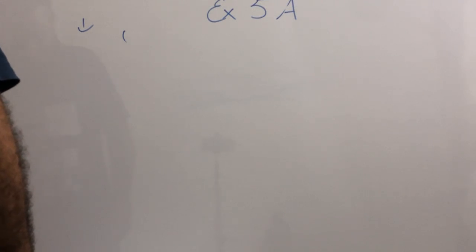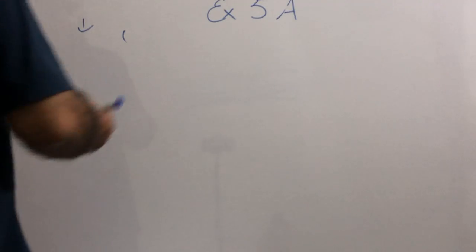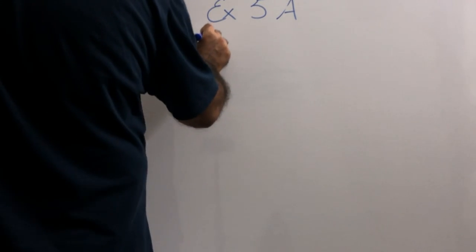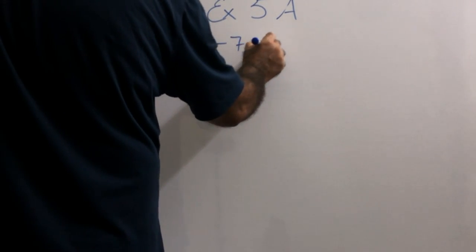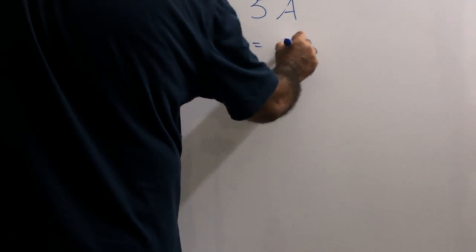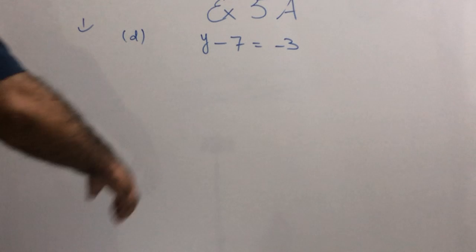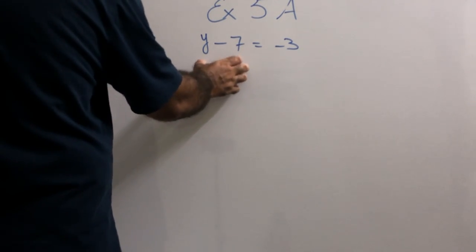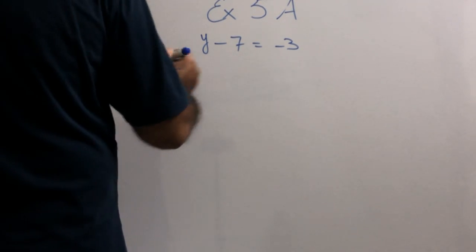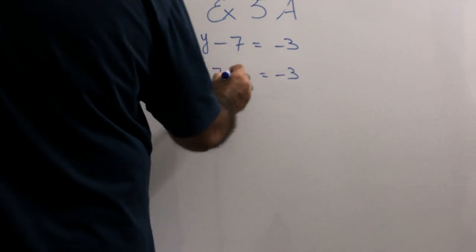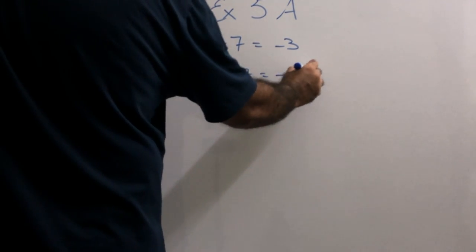Part C is the same. Part D we'll do, it is also the same, but we'll do y minus 7 is equal to minus 3. In this question we are looking for the value of y, so we need only y alone on the left side of the equation. For that, simply we'll add 7 to both sides.